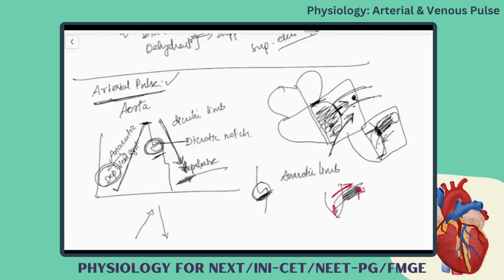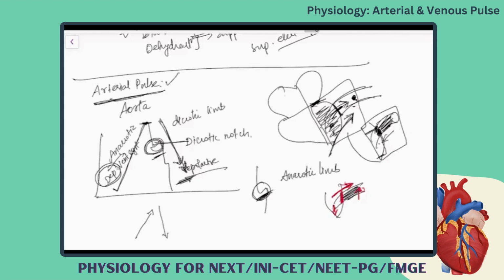Once the blood moves from the ventricles into the aorta, immediately at the end of ventricular systole, it is also the beginning of ventricular diastole. We will term it as the protodiastolic period of the cardiac cycle. So in that phase, there is closure of the semilunar valves.